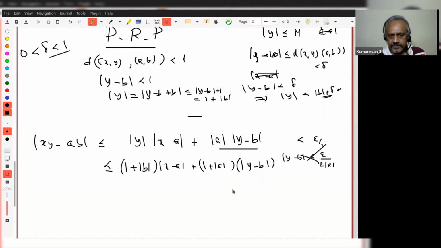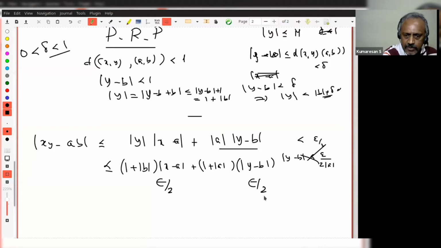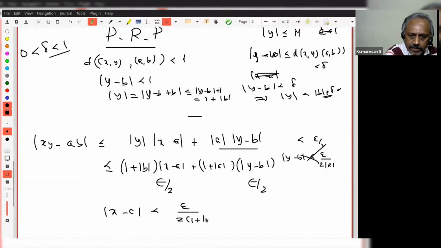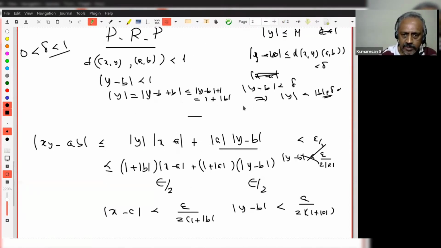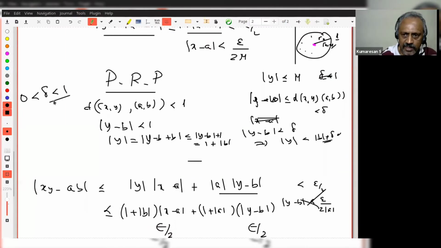Do you understand this? So I can make this less than epsilon by 2 and this less than epsilon by 2. How will I make it? That means mod x minus a should be less than epsilon by 2 into 1 plus mod b, and mod y minus b should be less than epsilon by 2 into 1 plus mod a. And therefore my delta, I want it to be the minimum of 3 numbers now. 1, because I wanted the inequality mod y less than 1 plus mod b, and for that I needed delta to be less than 1.